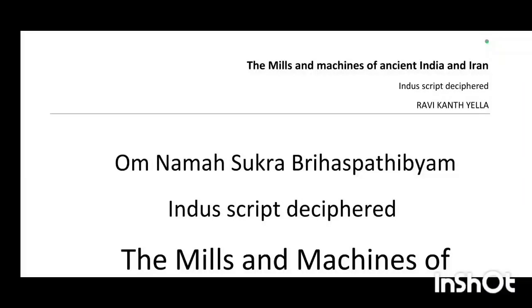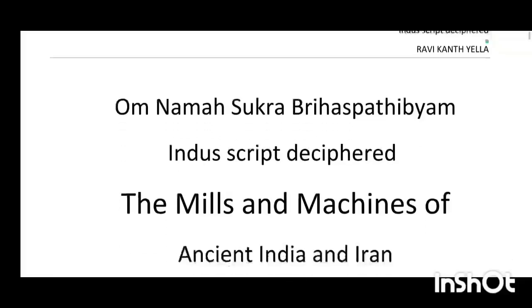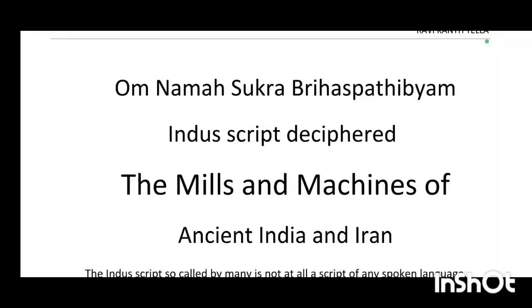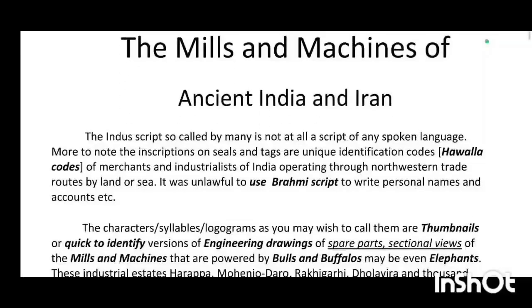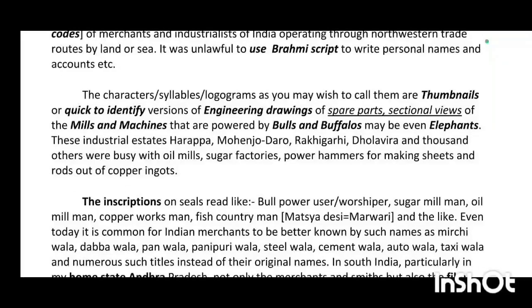The paper begins with my salutations to Sukracharya and Brihaspati Acharya: Indus script deciphered, the mills and machines of ancient India and Iran. Why that title, how it began, how I progressed, and what I have ended up with is covered in these 265 pages.